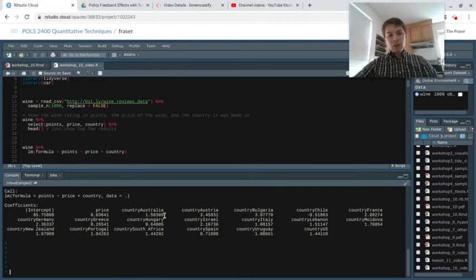And this is the beta coefficient if the country is Australia, if the wine was made in Australia. This tells us that we expect the outcome, the wine review from 0 to 100, to go up by 1.5 points if it's from Australia.